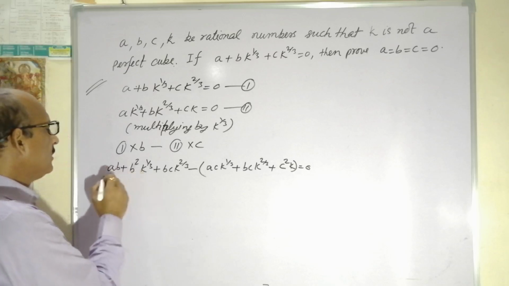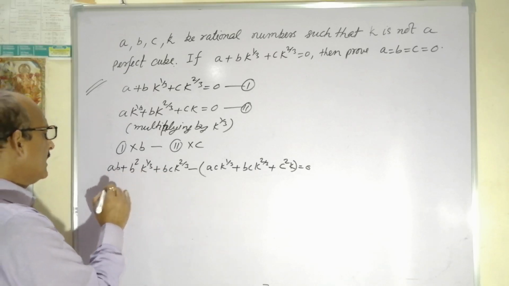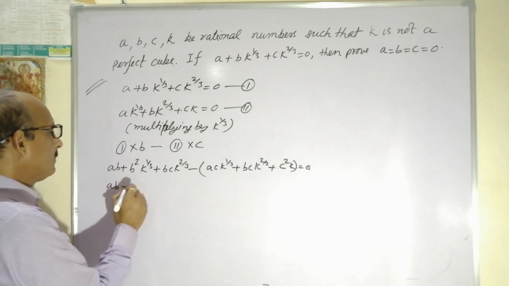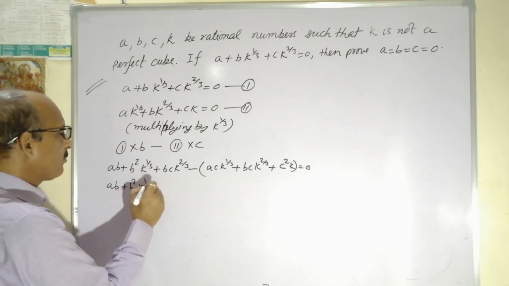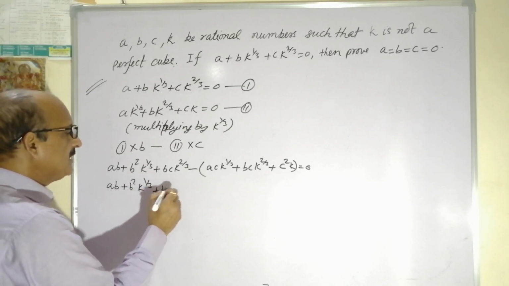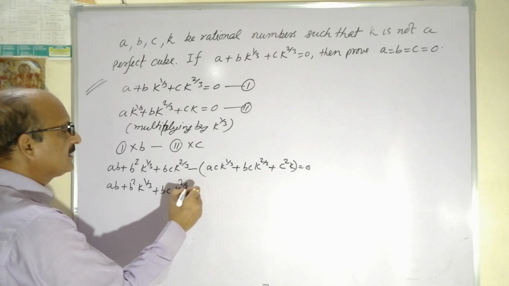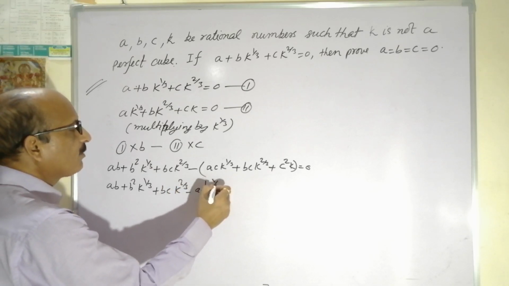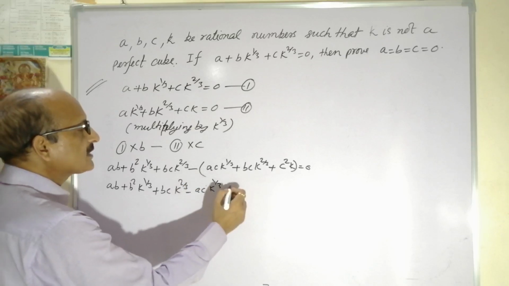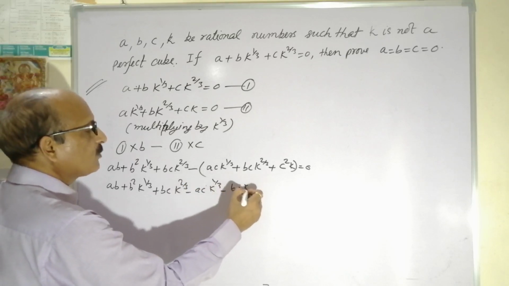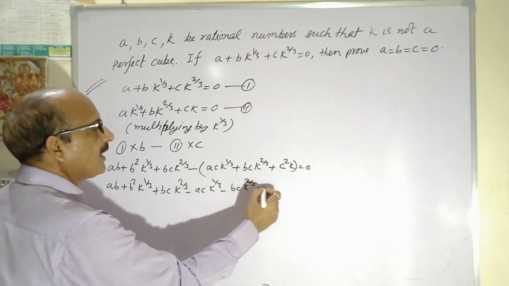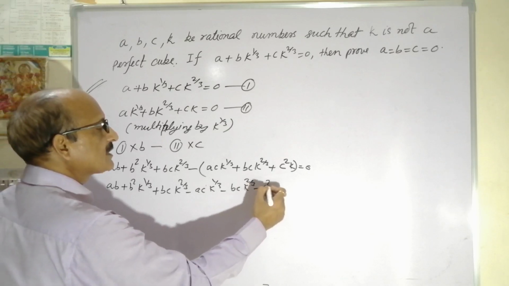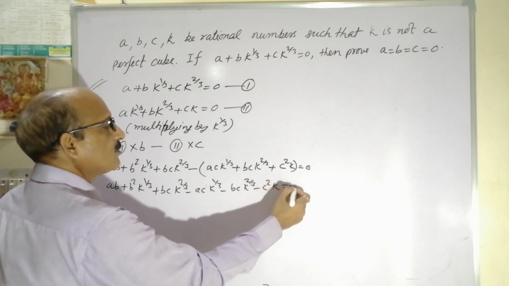Opening the bracket, we get AB plus B square K to the power 1 by 3 plus BC K to the power 2 by 3 minus AC K to the power 1 by 3 minus BC K to the power 2 by 3 minus C square K is equal to 0.